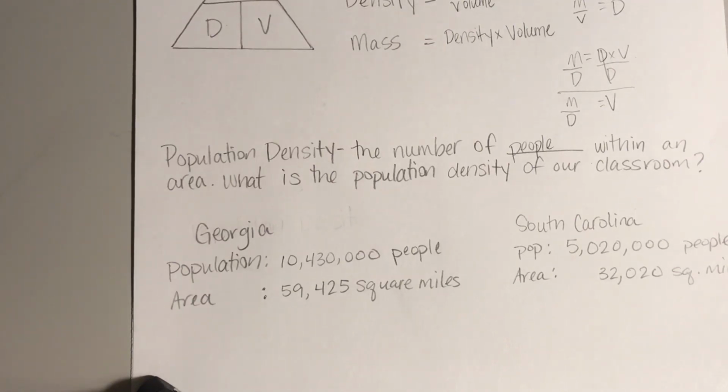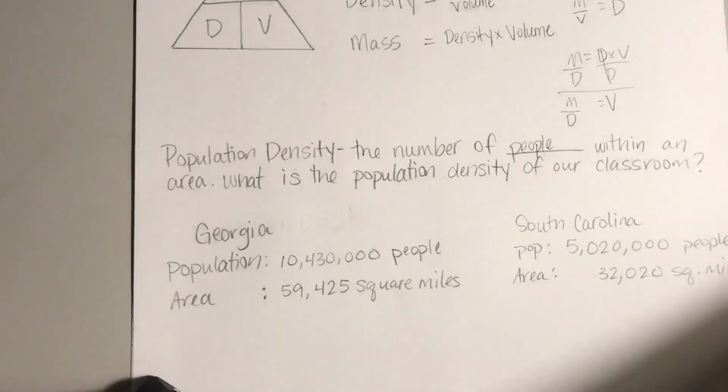But what if we were comparing the population density of our class to, say, an art classroom, if we could assume they were the same size? An art class is an elective, so it's going to have more students, so it would be more dense than our geometry class.